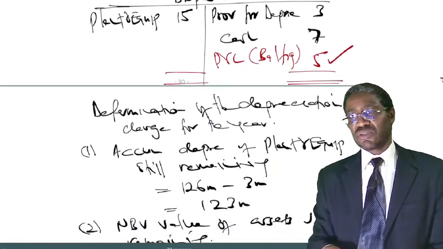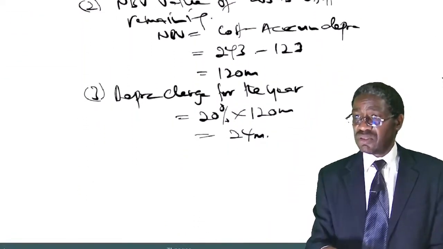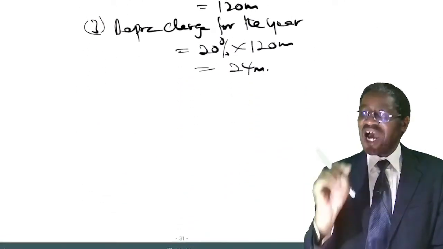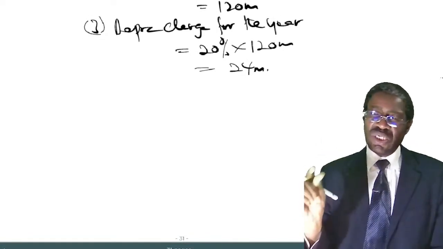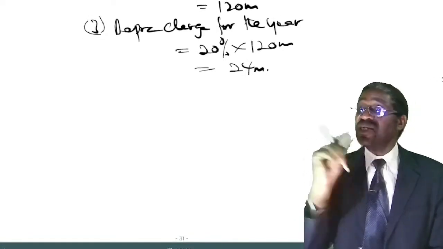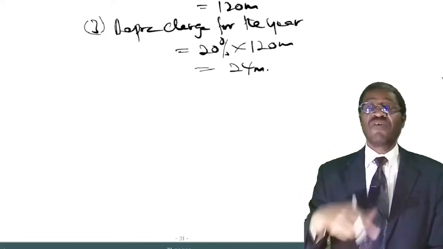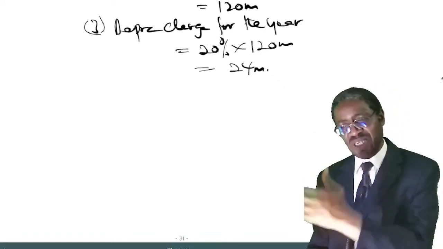Let's go on. Now, I was talking of, listen to this now. We are told this company has an investment property whose fair value is 586 million, according to the additional information. From the trial balance, it had a value of 548 million.